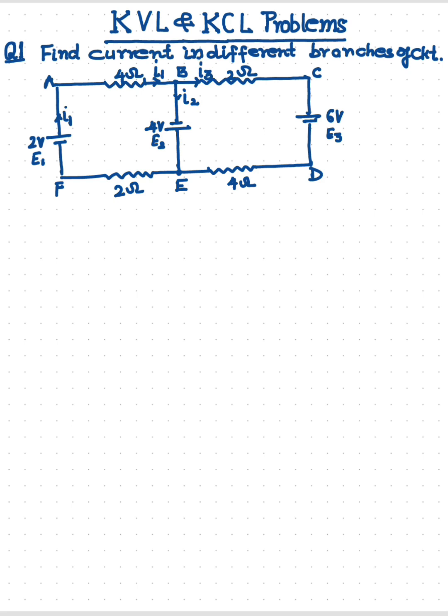Clear? This I3 passes from here, and in this 4 ohm resistance the current will be I3. This I2 passes from here, and at junction E, I2 and I3 meet. So combined they flow in this branch.